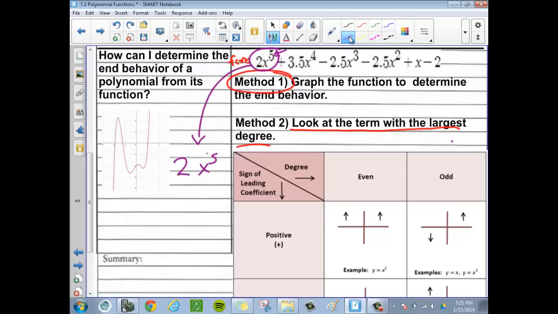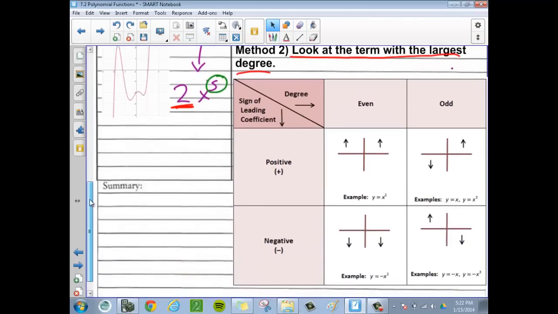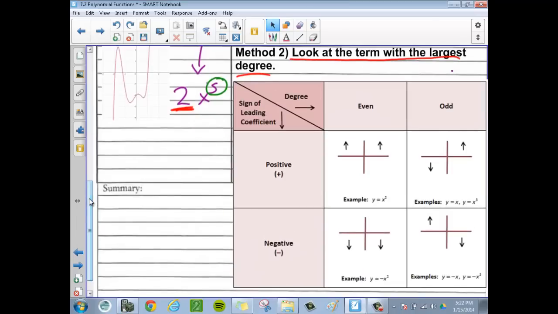Okay? And so what we have to do is look at two parts of this. We first have to look at the coefficient of it, and we have to look at the degree. If we look at the coefficient, all we need to determine is, is this coefficient positive or negative? Well, it turns out this one is positive.